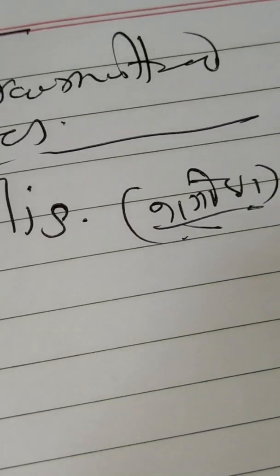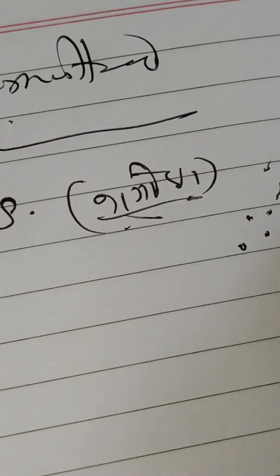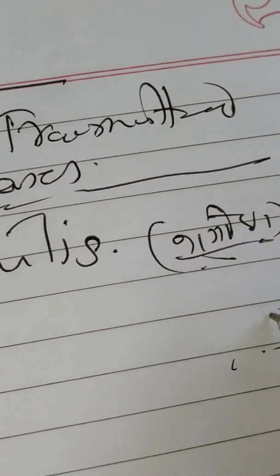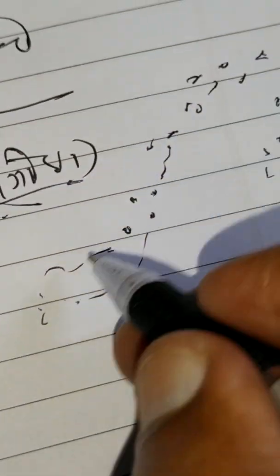Certain rashes appear in the form of small patches, they appear like this, and as they appear in the shape of a snake, that's why it is called nagin.